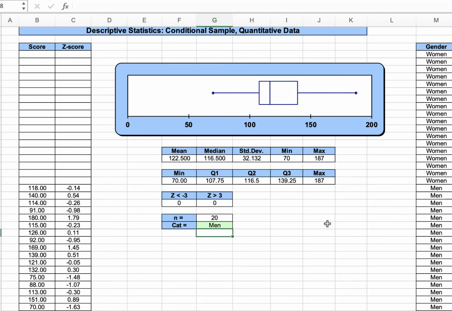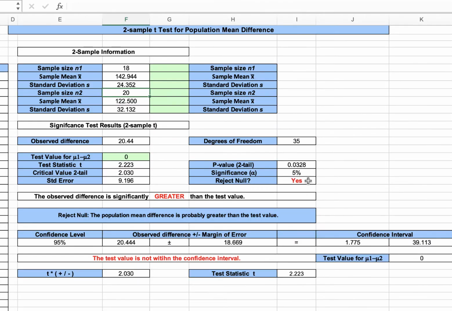But we can see why our two sample t-test is producing the result that it is. We have a couple of low scores in our sample, right? Without those really low scores in the sample for men, the result might not even be statistically significant, right?